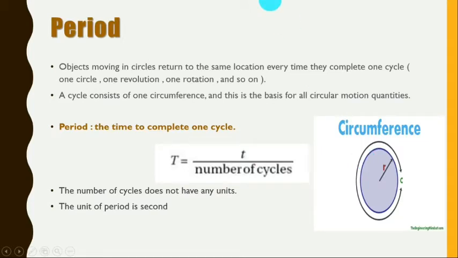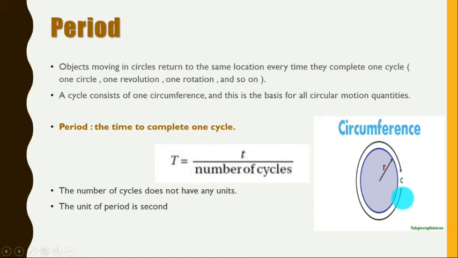Now, period. What does it mean? Objects that are moving in circles return to the same location every time they complete one cycle. So this one round, what do we call it? Sometimes in circular motion we call it one cycle, one circle, one revolution, one rotation.